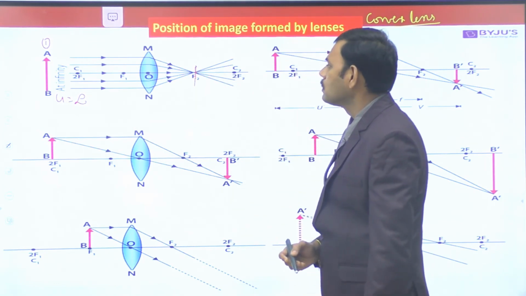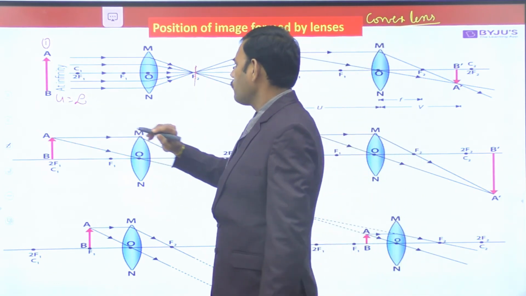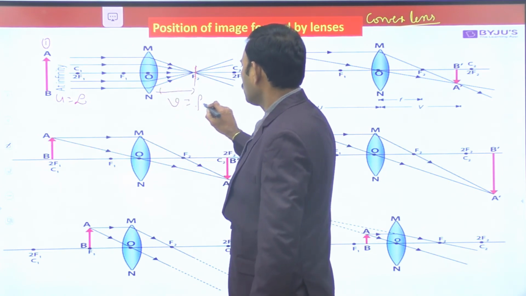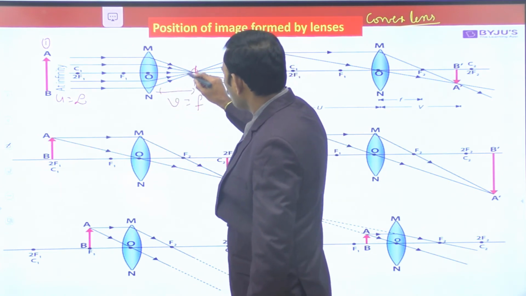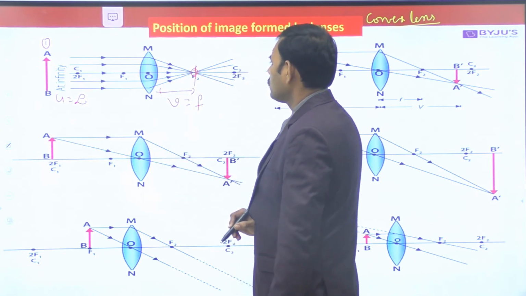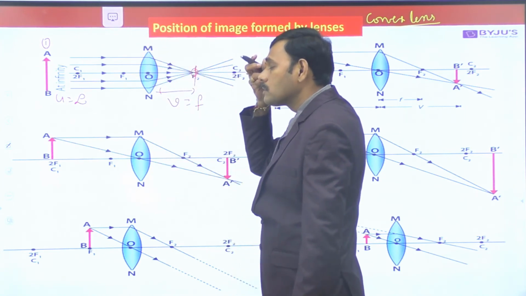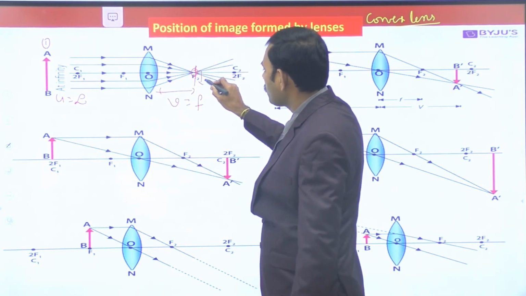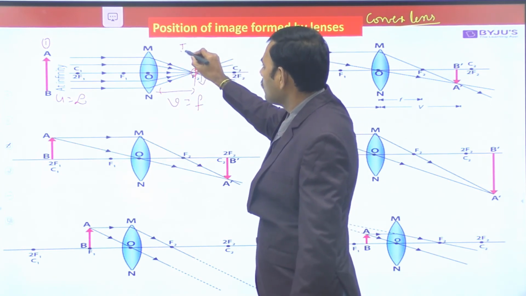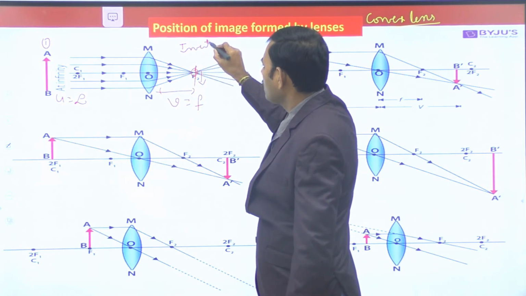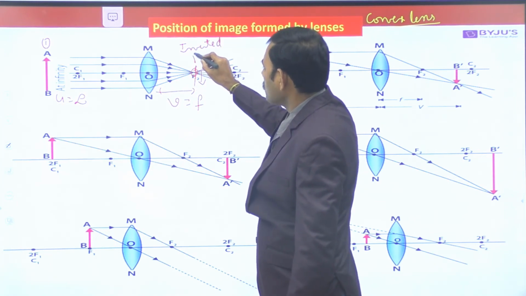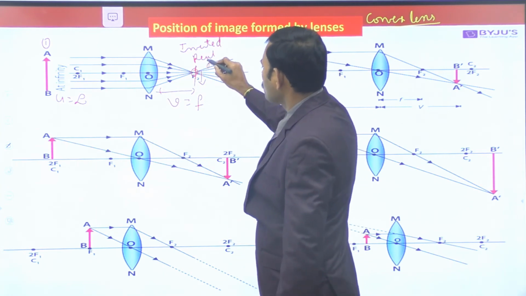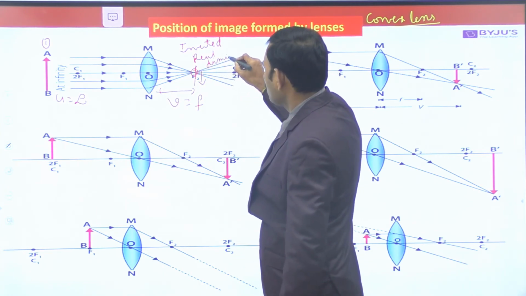So if the object is at infinity, the image distance is the focal length, and we get a point size image. If the object is of a certain size, we get a finite size image. The image is inverted, real, and diminished.